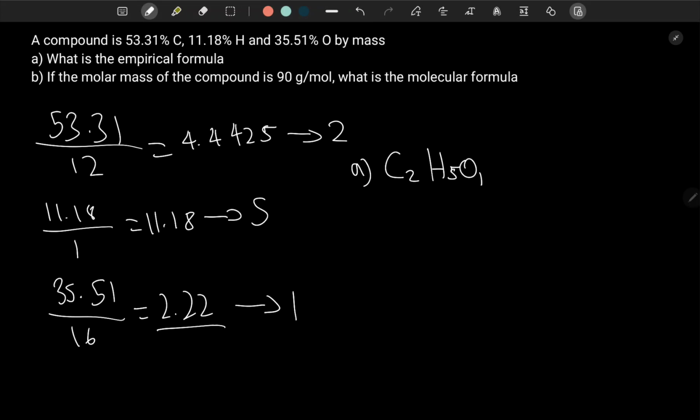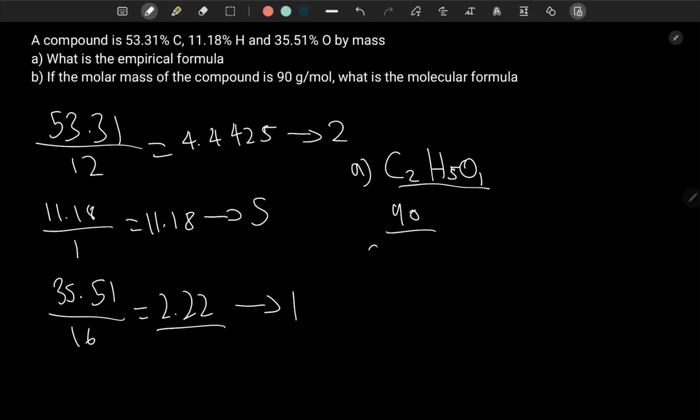Now in part B, they have given us the molar mass of the compound, 90 grams per mole, and they're asking us to calculate the molecular formula. Again, we just have to divide the molar mass given in the question by the molar mass of the empirical formula.